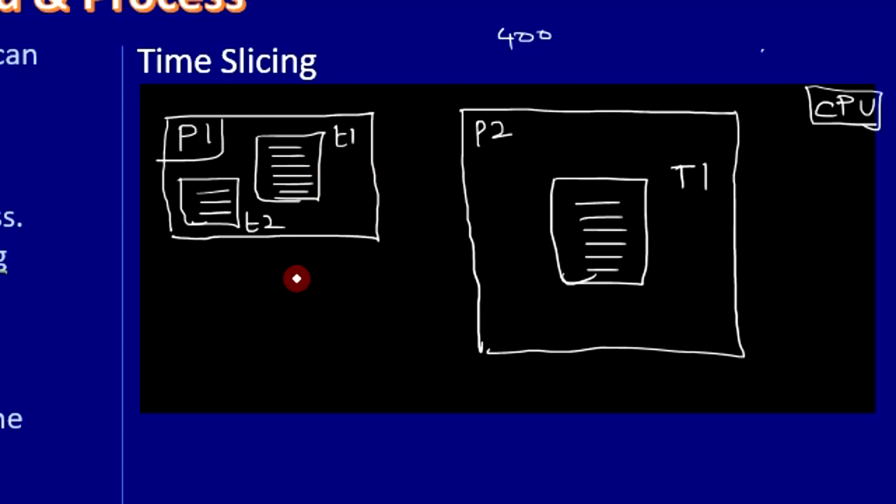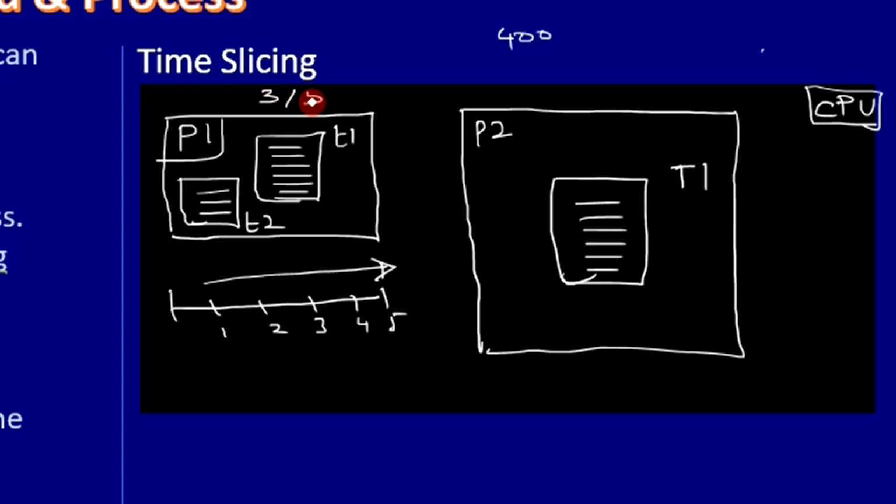Let's divide the second into 5 slots. So the CPU is executing the instruction sets continuously. So what happens? It performs time slicing. Time slicing in the sense, for process P1, let's assume it performs a time slice of 3 out of 5 seconds.